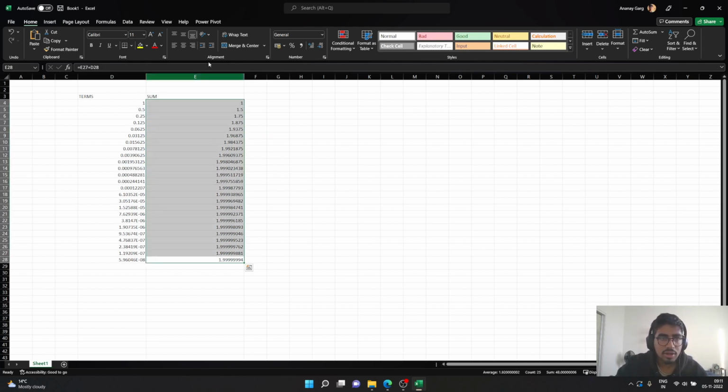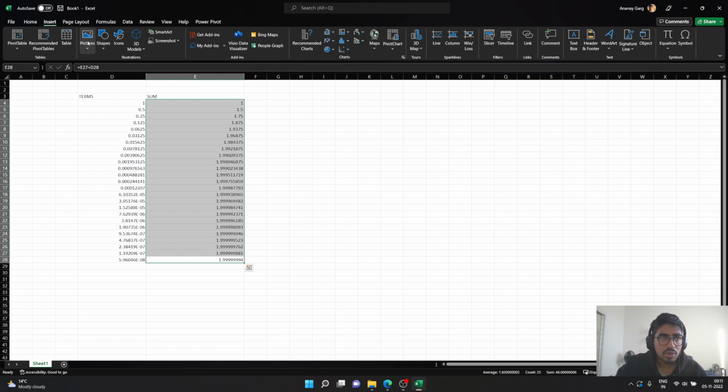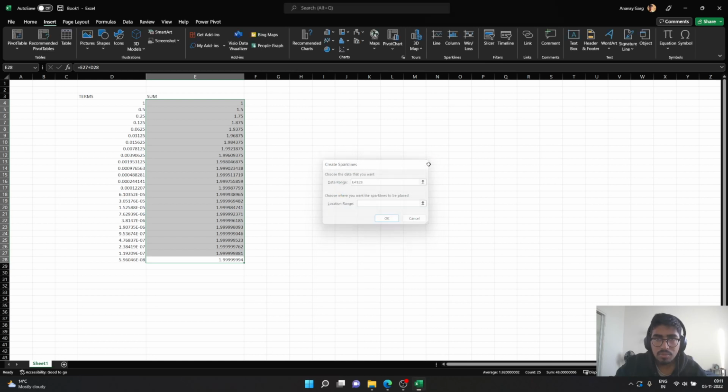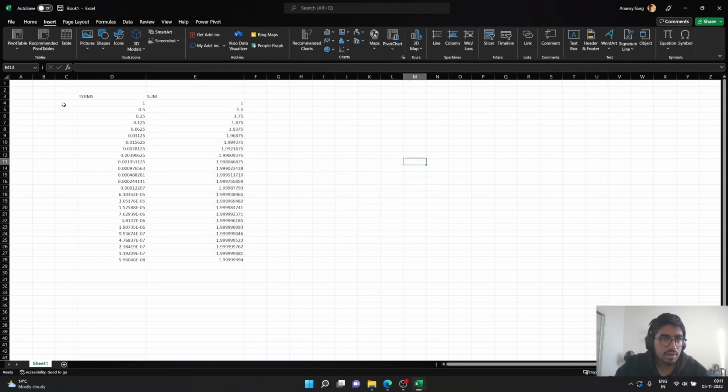So let's also try to plot it so that we quickly have some visualization of how it is happening. We just want a line graph. 1, 2, 3. This is just the number, the nth term.